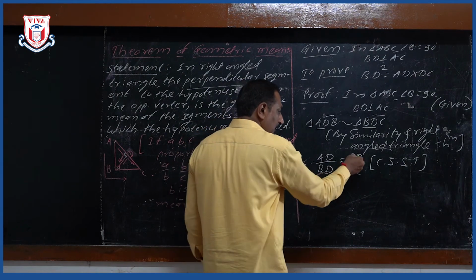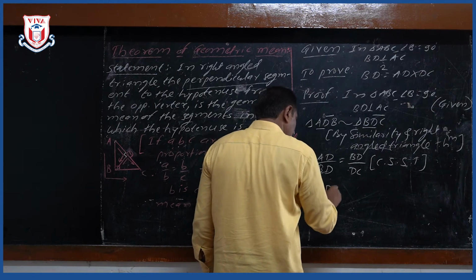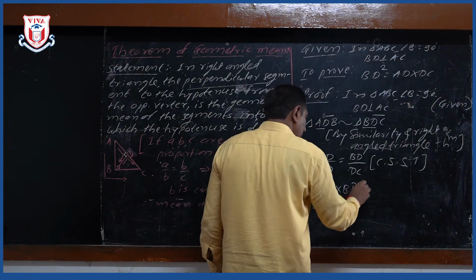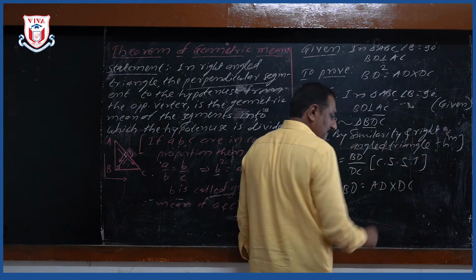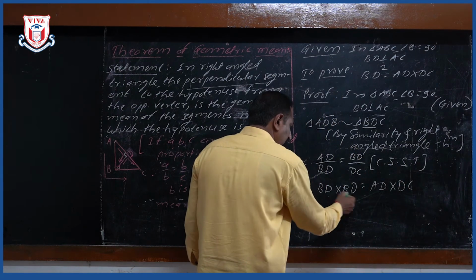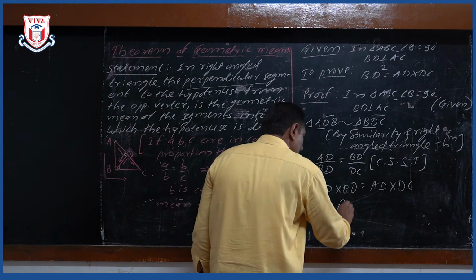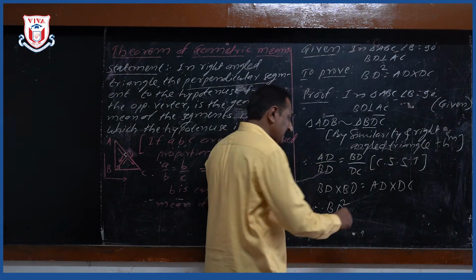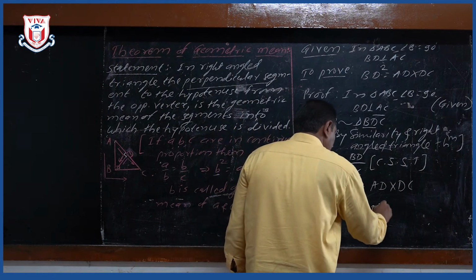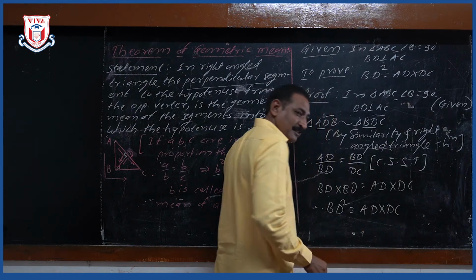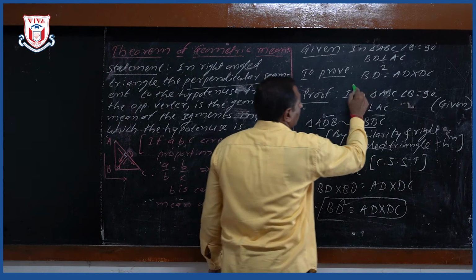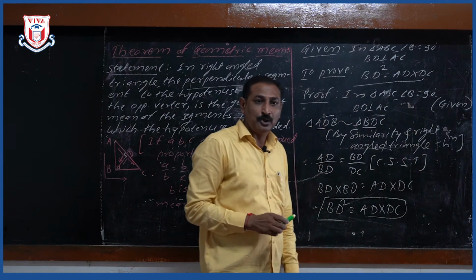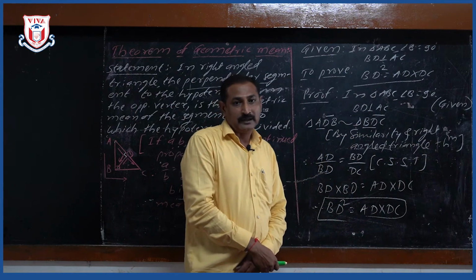So BD into BD is equal to AD into DC. Therefore, BD into BD means BD square is equal to AD into DC. Hence, the theorem is proved: BD square is equal to AD into DC.